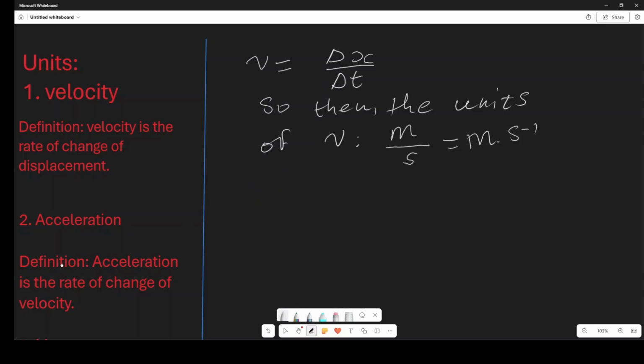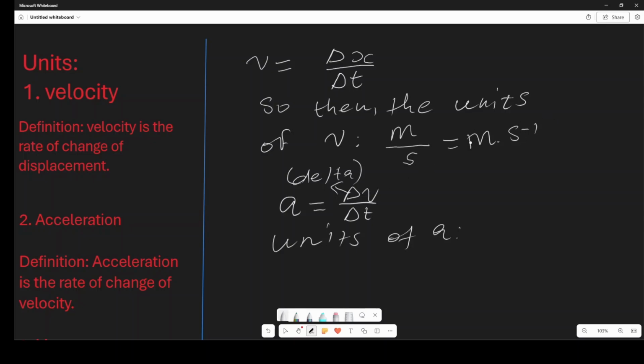Here, let's study the definition of acceleration. Acceleration is the rate of change of velocity. We write that down. Acceleration is the rate of change of velocity. Change is represented by this symbol, delta. So delta is change. Okay, so then the units of acceleration: let's look at the units of velocity.